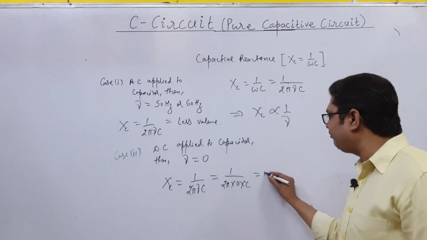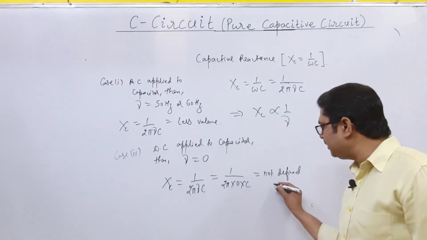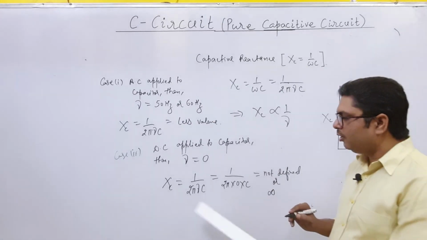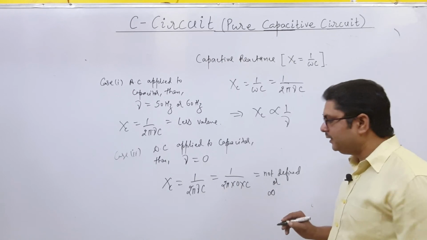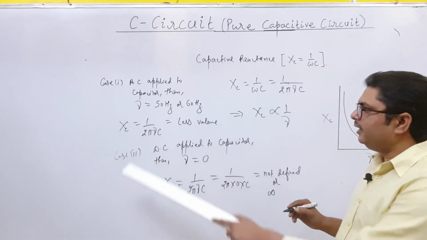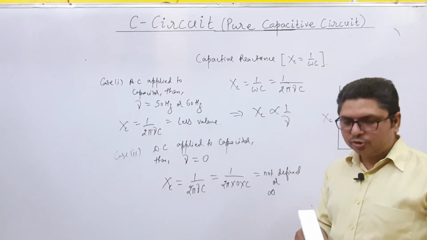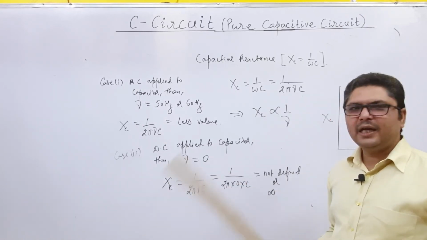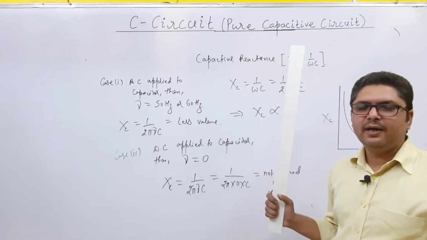So this is not defined, or you can say this is infinite. This means that the obstacle produced by DC current is infinite, and for AC current it is a less value. So less obstacle is produced by AC current, and DC current is completely blocked by the capacitor.